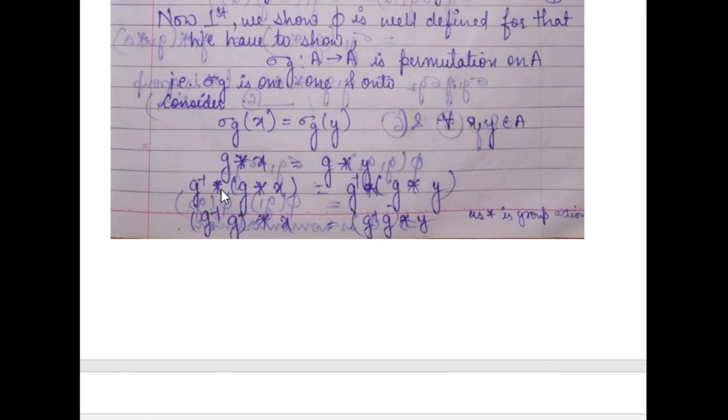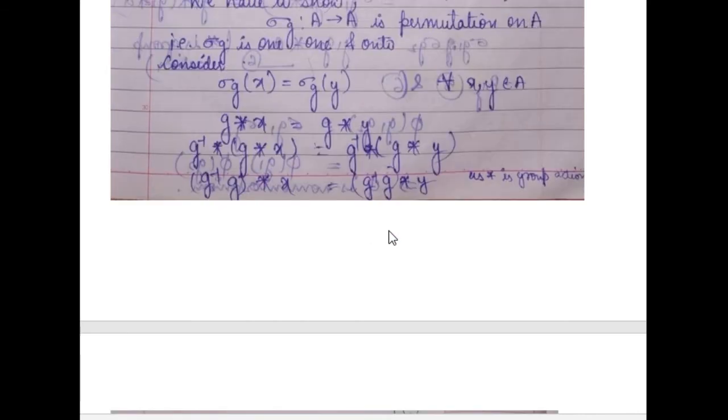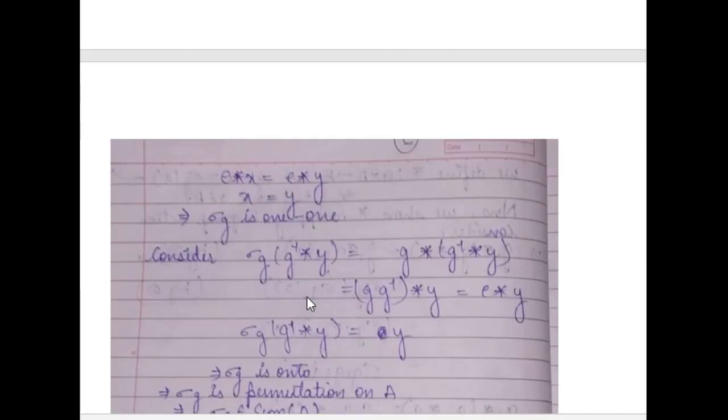This gives g inverse star (g star x) equals g inverse star (g star y), so (g inverse g) star x equals (g inverse g) star y. Here g is an arbitrary element of G and g inverse is its inverse, so g inverse g equals e. This implies e star x equals e star y, which implies x equals y. So sigma_g is one-one.